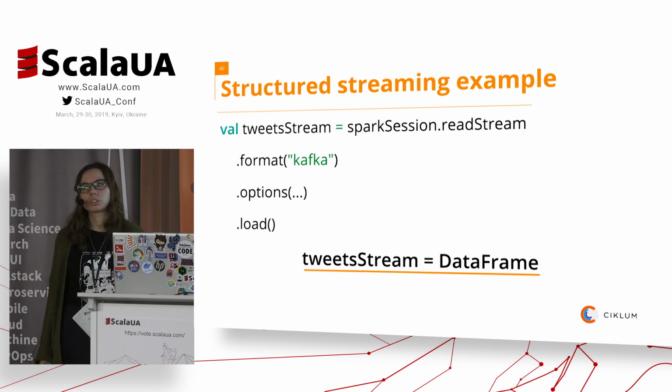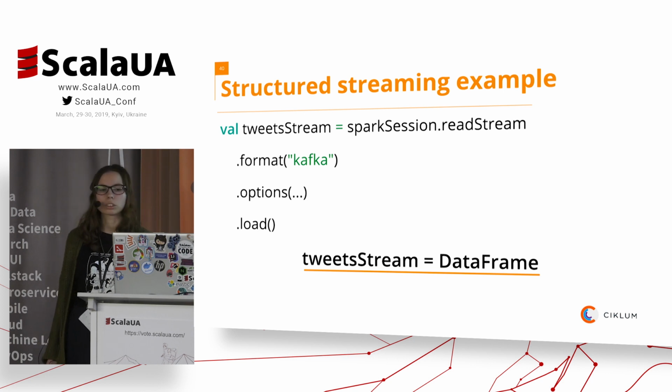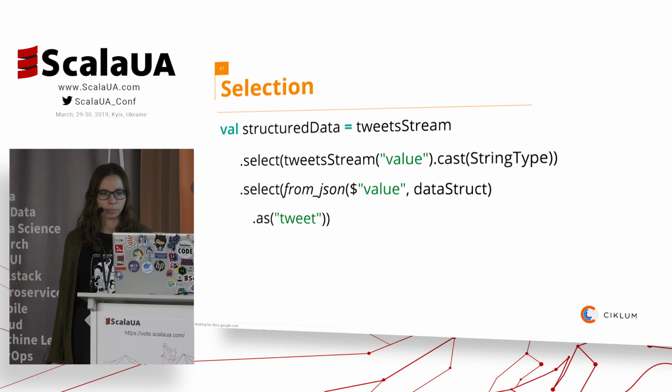If we would like to read from some other sources, we would not use Kafka for the format, but, for example, a file or other things, and we just run this load method. But in the end, we do not get a DStream, we get a data frame. So it looks exactly the same as when we work with Spark SQL and simple data frames. In this way, we can see that we can work with static and dynamic data frames in the same way if we have structured streaming.